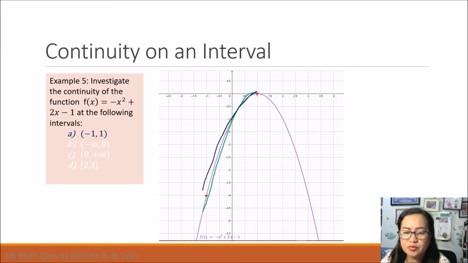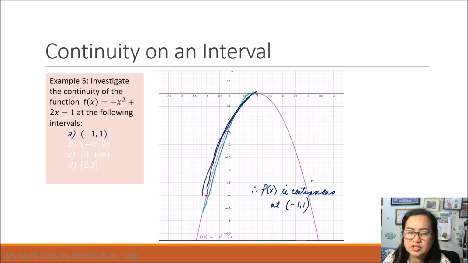From the right of -1, we can see that we can completely trace the function without lifting our pen. Therefore, we can say that f of x is continuous on the open interval -1 to +1.